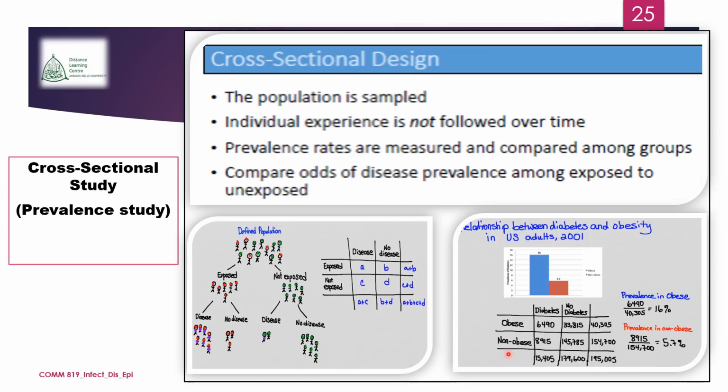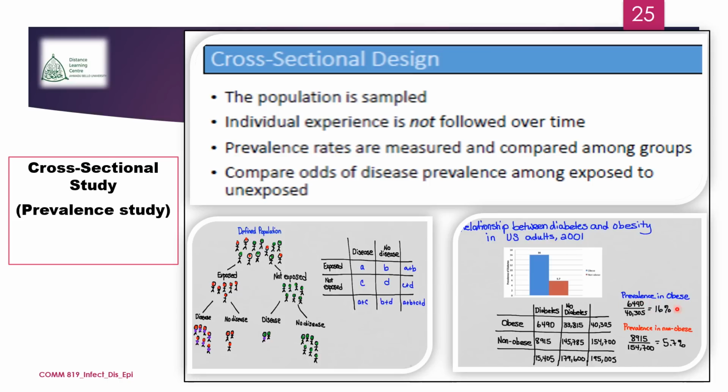While for the non-obese, the total number of people that came down with diabetes, which is 8,915, divided by the total number of people enrolled for non-obese, which is 154,700, gives you 5.7. So you can see the prevalence of diabetes is higher in those that are obese as compared to those that are non-obese.